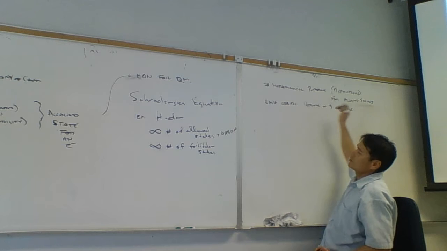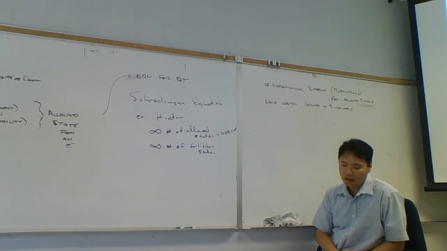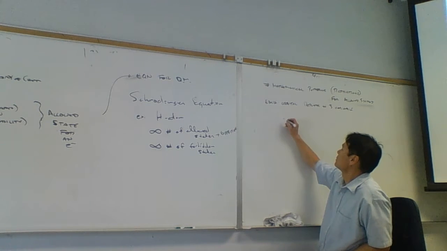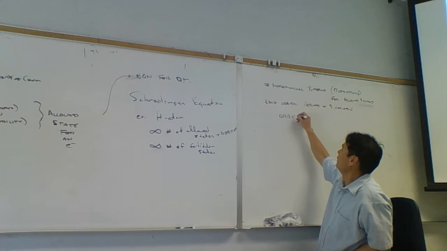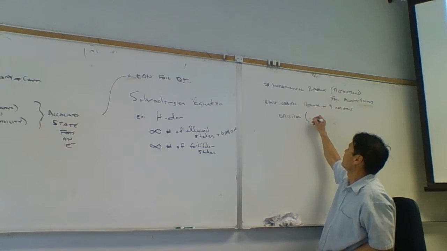And so the answer turns out to be a mathematical equation itself, and you have mathematical restrictions on these variables. The orbital is going to be defined by these 3 variables, n, l, m.